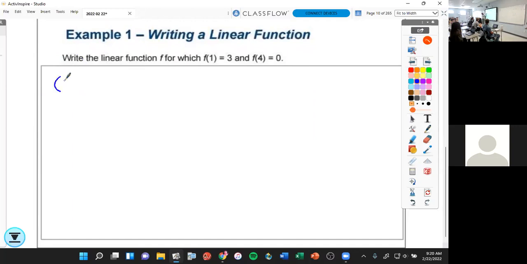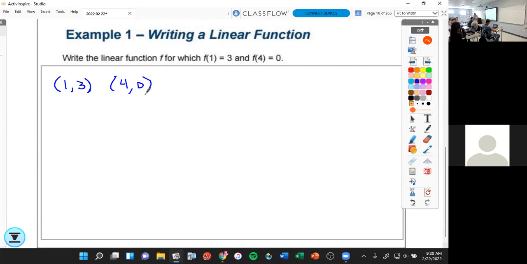There you go. (1, 3), let's see, and (4, 0). Those are the 2 points they gave me, right? Now they gave it to us in a way that we're not familiar with, but it makes sense. What this is saying is f of 1 equals 3, meaning if you plug x value of 1 in, the output y is 3. Okay, so it's a coordinate.